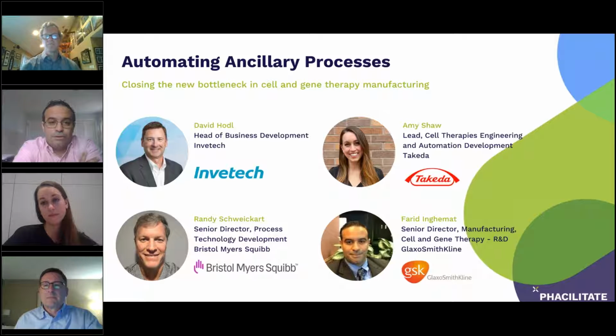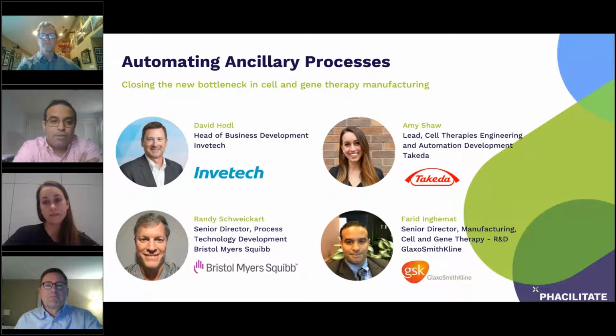This is tied to the vein-to-vein time that's critical in autologous cell and gene therapies. That's the time it takes to get the cells from the patient and then return them to the patient at the end of the journey. Making that as short as possible is a key driver, because the patients that we're treating are typically really sick, sometimes on their fourth line of therapy in the clinical setting.